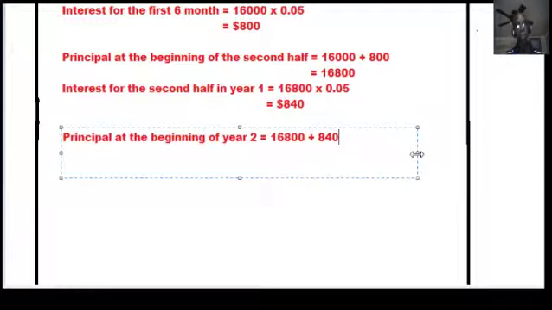Looking at year 2, principal at the beginning of year 2 equals $16,800 plus $840.